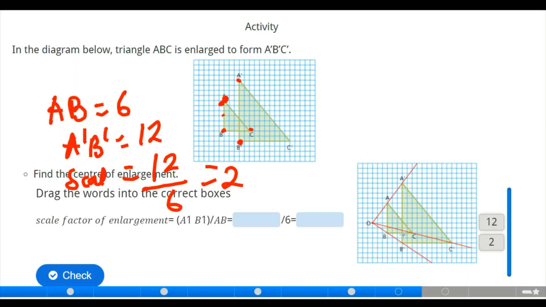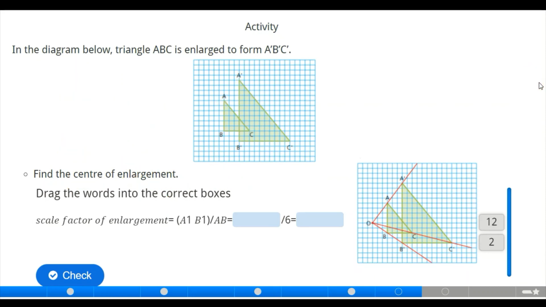Wherever those lines meet is what we call the center of enlargement. So A meets A prime, C meets C prime, and B meets B prime. So that is the center of enlargement.